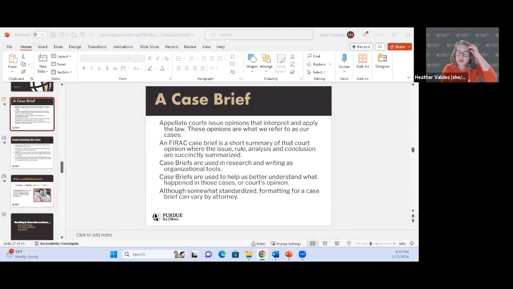Once you have briefed your case, you have that concise summary of the information in the case. You're going to hold on to it. The case isn't going to change. There may be subsequent cases that impact it, but you'll be able to use it in the future when that case comes up.